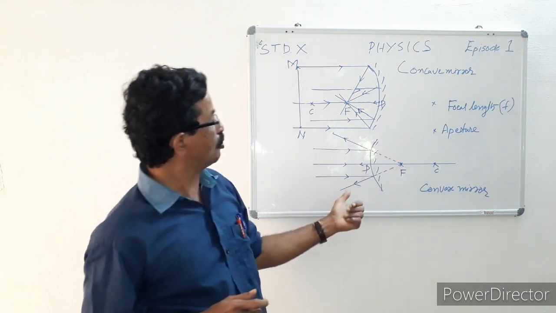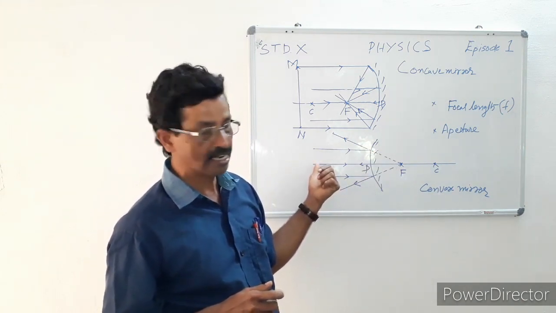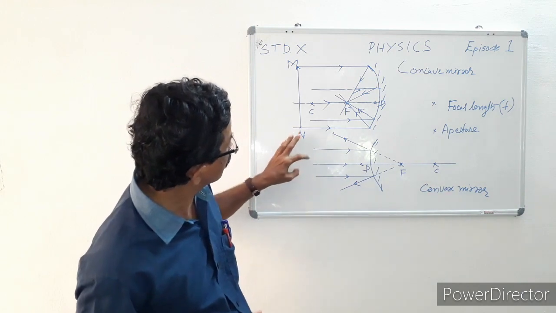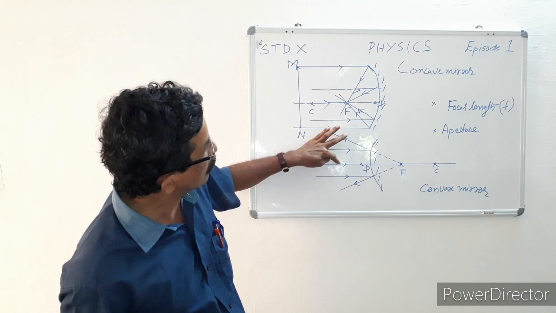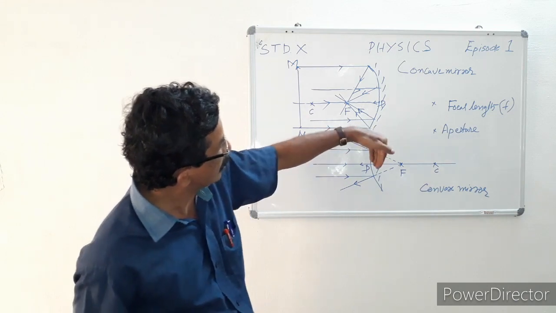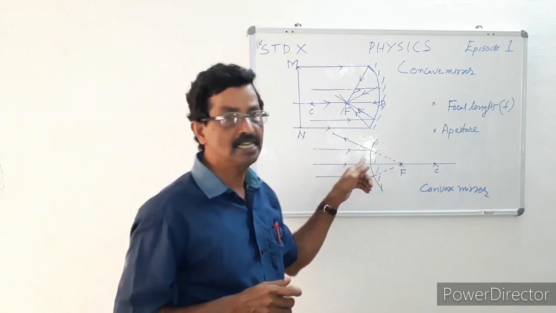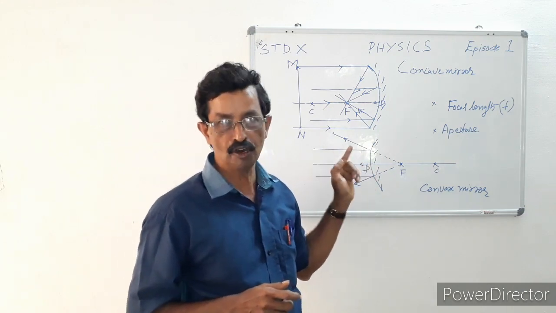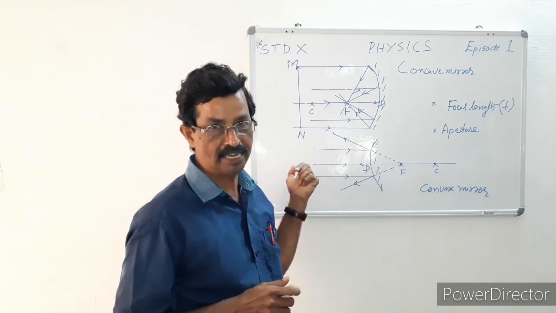But in the case of a convex mirror, here you see, this is a convex mirror, light rays parallel to the principal axis. Here I draw this arrow in this direction and also return, because light falling on the pole is always normal. We know light incident normally is reflected back in the same direction.